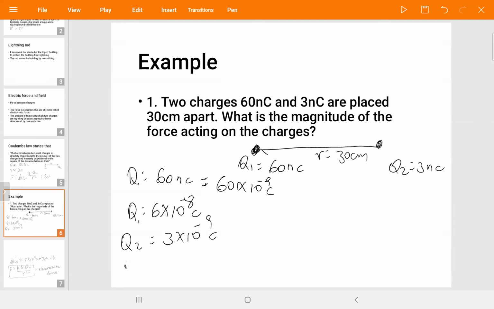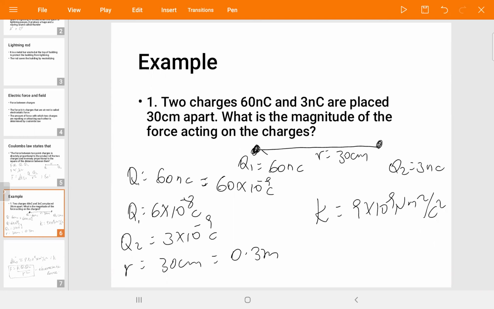The fourth quantity is the separation distance, which is 30 centimeters. When it's converted into SI unit, it becomes 0.3 meter. And we know that the force constant is a given, which is understood, and the value is 9 times 10 raised to 9 Newton meter square over Coulomb square.